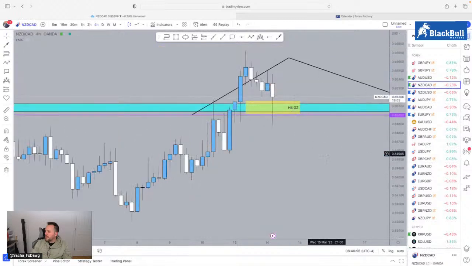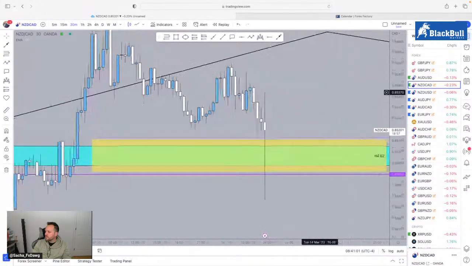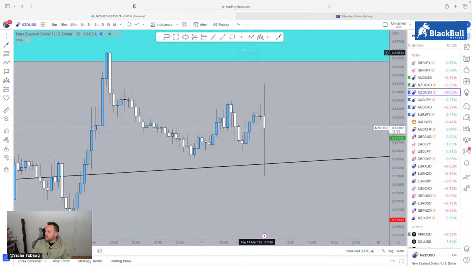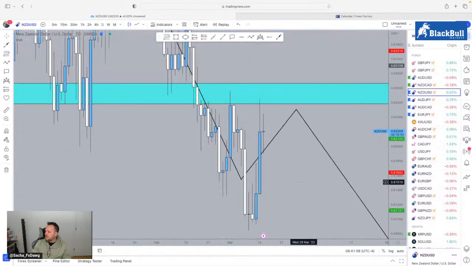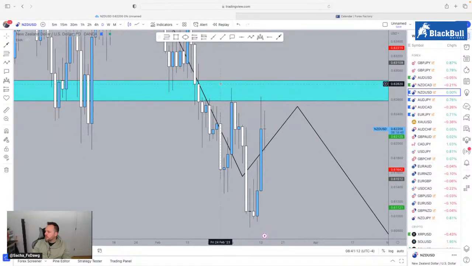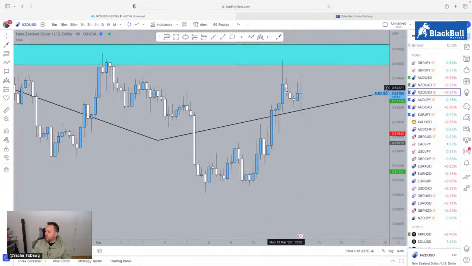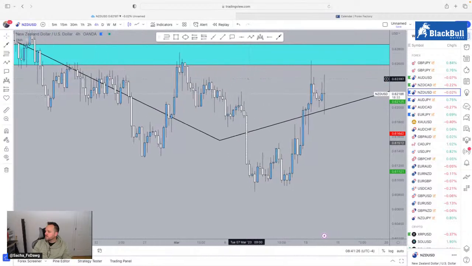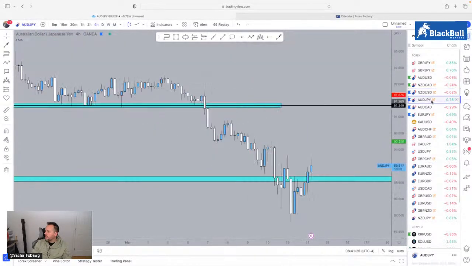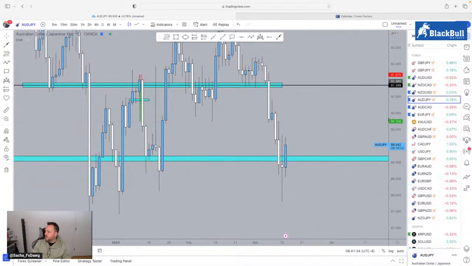After that, EUR CAD, waiting for the switch of structure on a lower time frame. EUR USD, we're bearish here. So EUR USD 4 hour bullish. Now I'm just waiting for the H4 to flip bearish. AUD GPY is not gonna happen now, because we're coming back above here and that's not the goal.